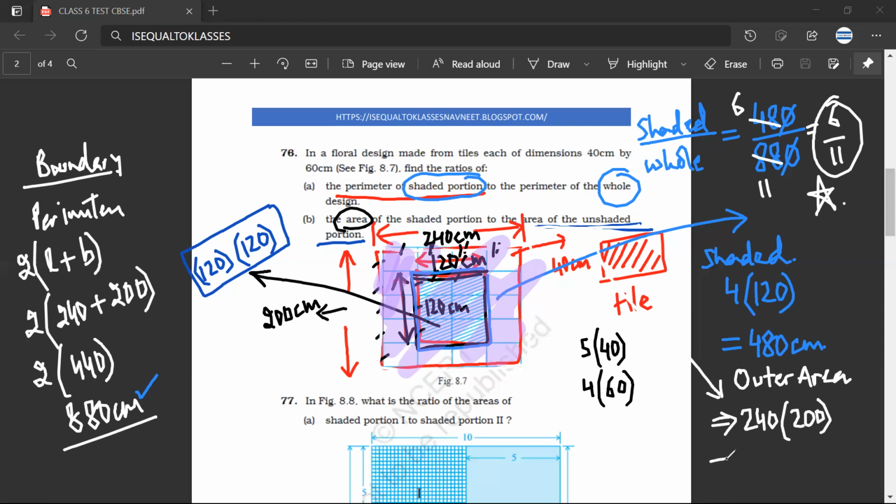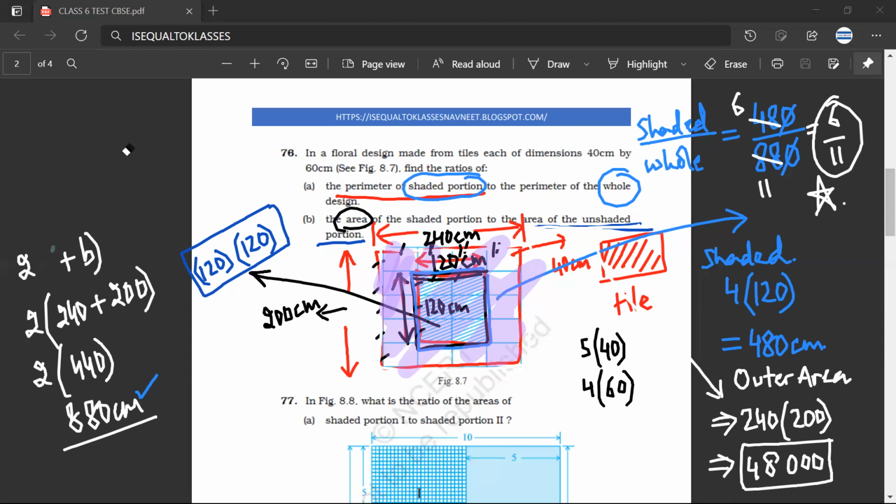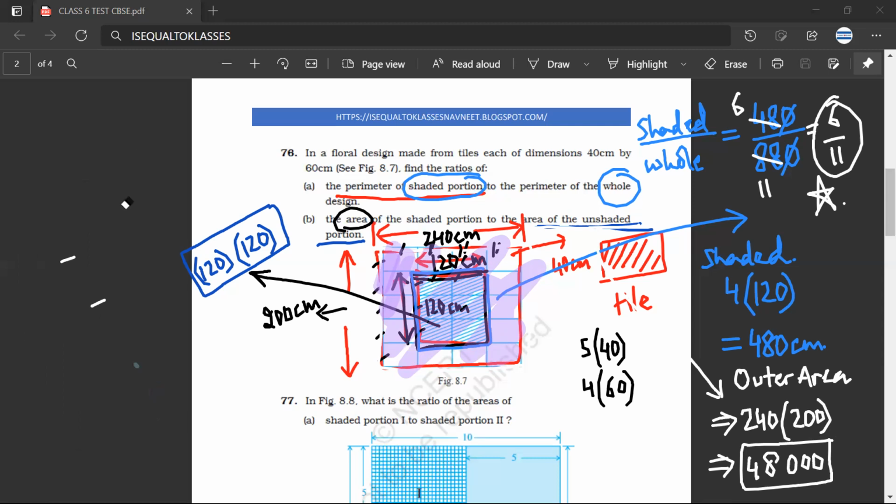First, you need to calculate 240 by 200. This will be equal to 48,000. Now, this is the whole area. And now to find the unshaded portion, I need to subtract the whole area minus the inner area.